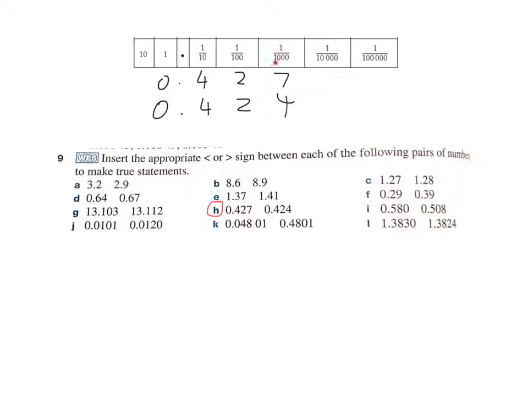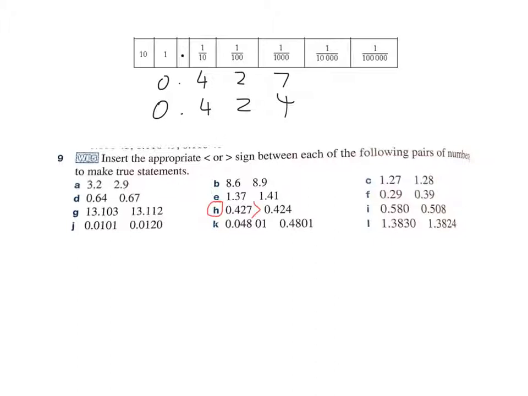So in this case, we know number 7 is bigger than the number 4. So this whole number must be bigger than this whole number here. So then in this case, we draw the symbol greater than. So 0.427 is greater than 0.424.